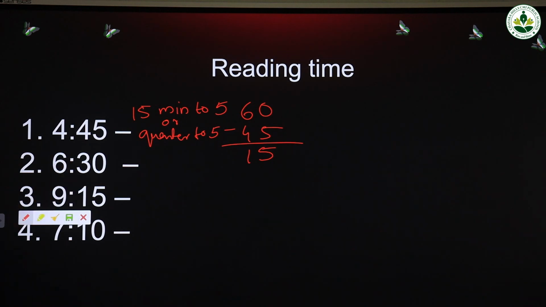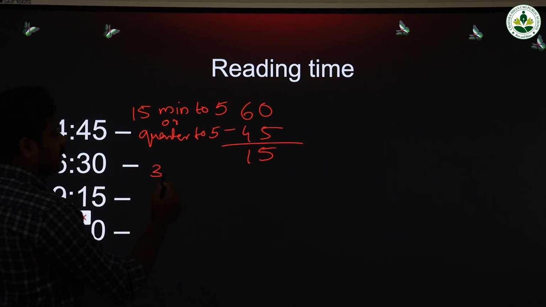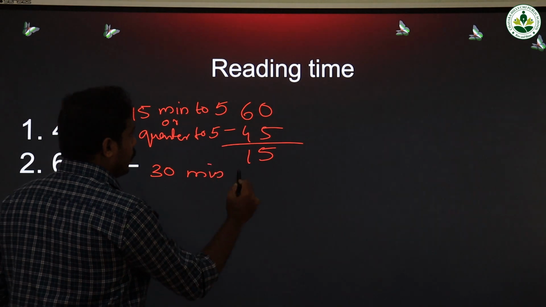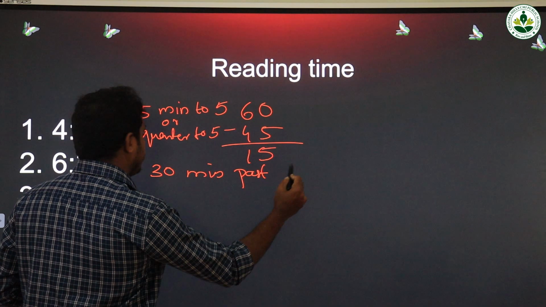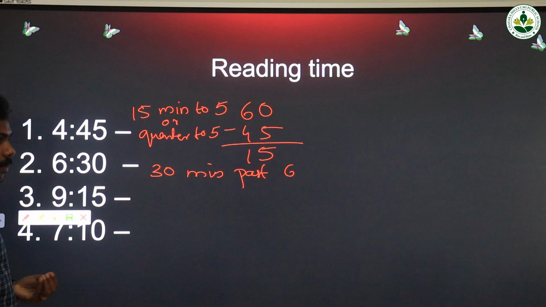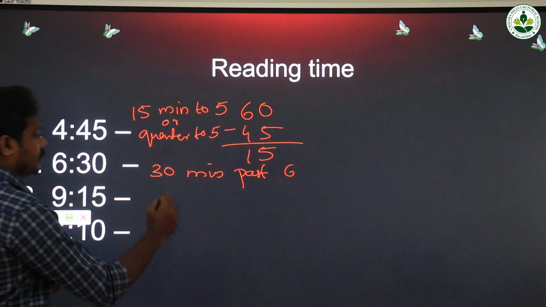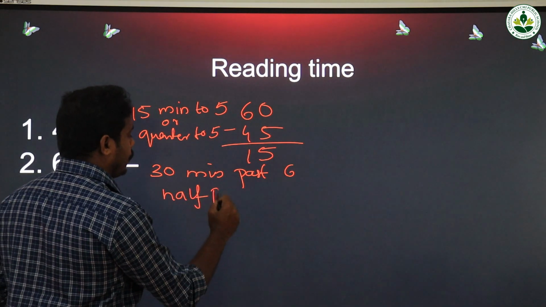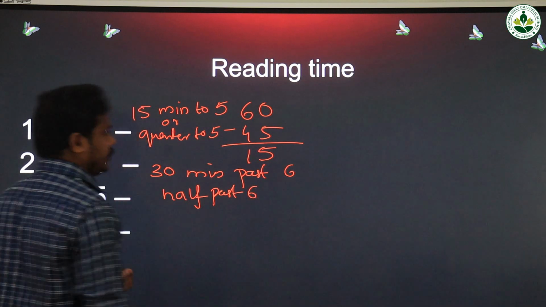Then next one, 6:30. That means 30 minutes past 6. How many minutes past the hour? Here 30 minutes past 6. Instead of 30 minutes, we can use one word, half.